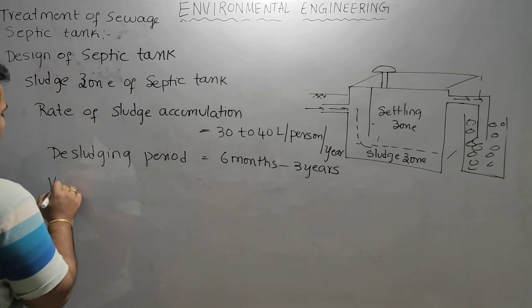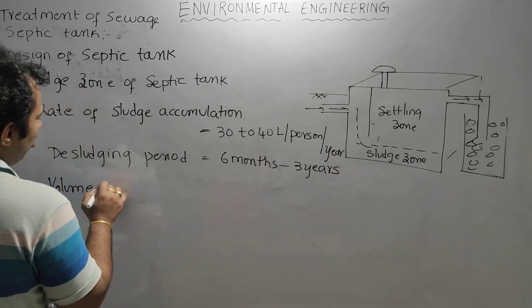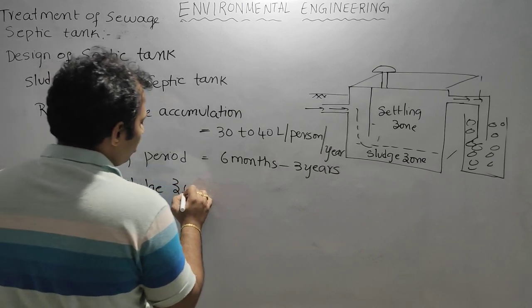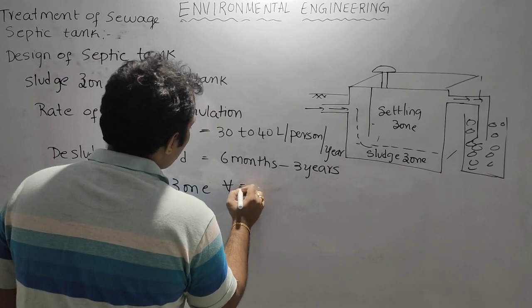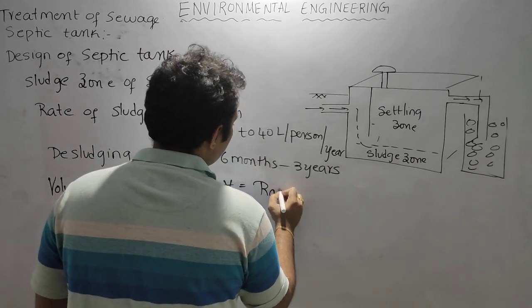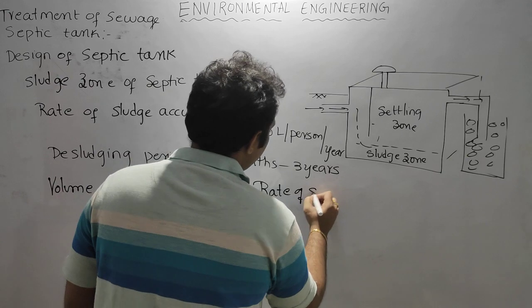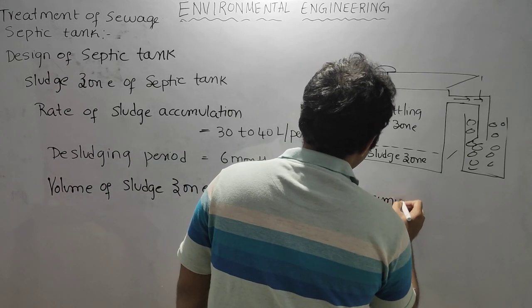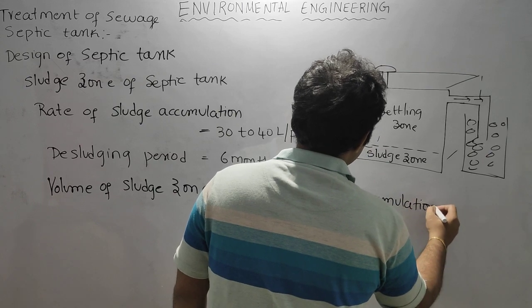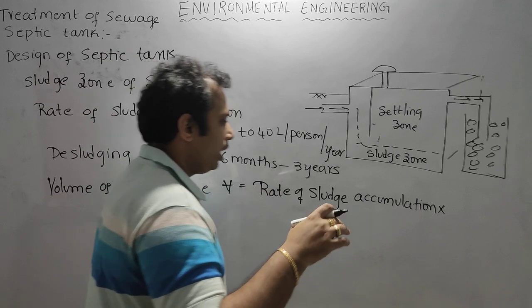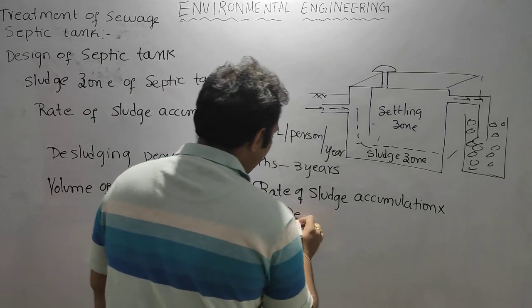So the volume of sludge zone V is equal to the rate of sludge accumulation, which has a unit of liter per person per year. Now I am multiplying it with the desludging period.